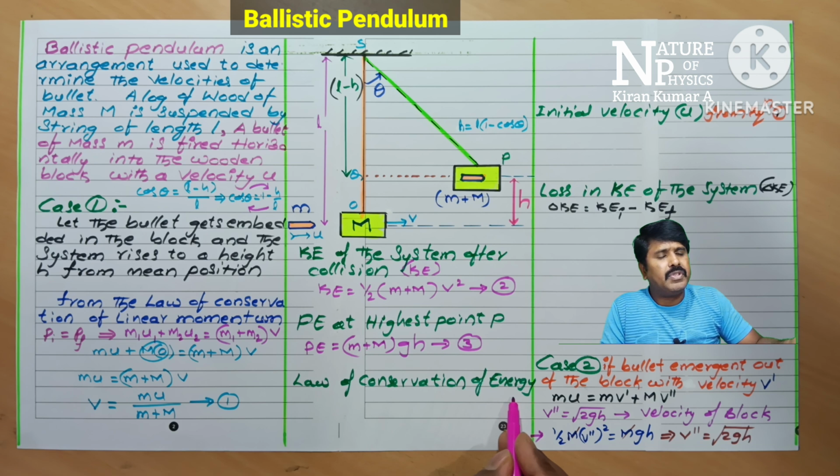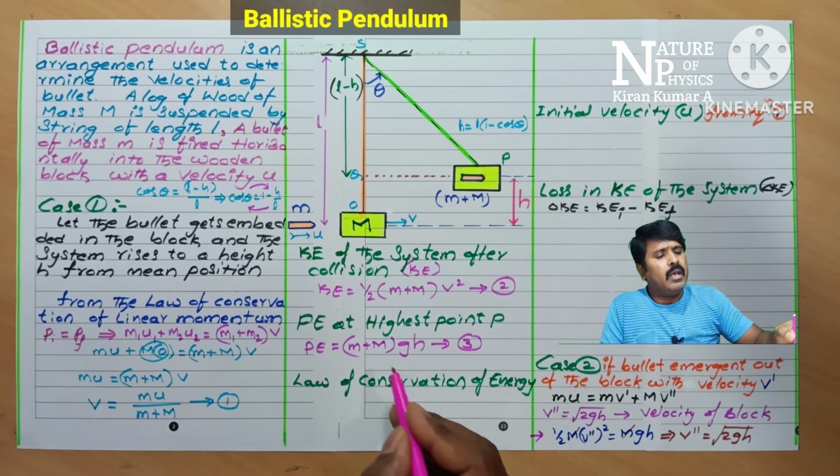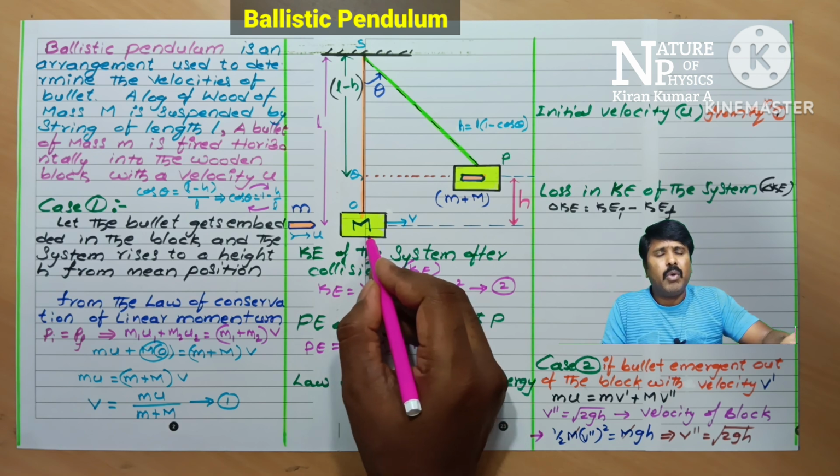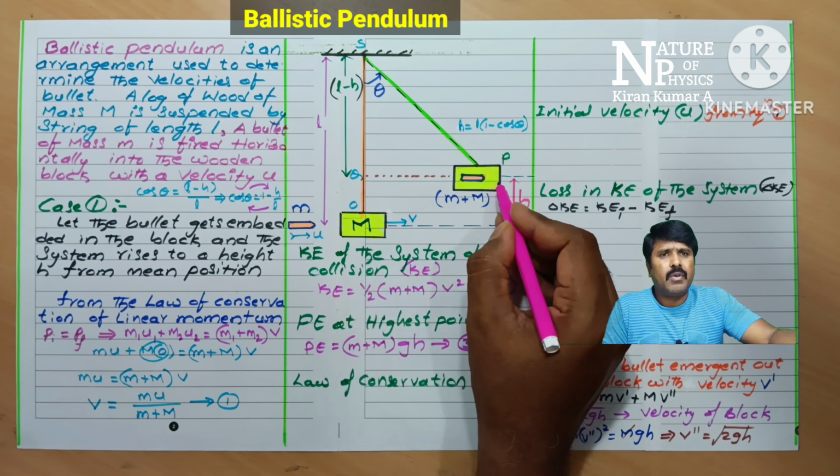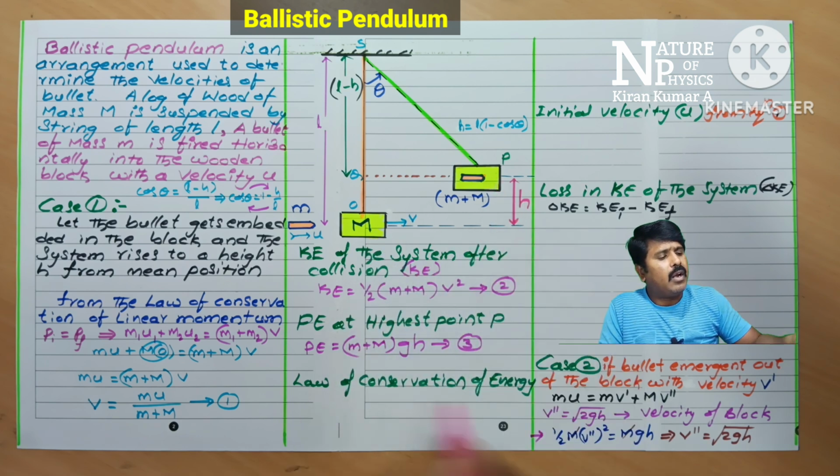And by the law of conservation of energy, initially the block and the bullet both have kinetic energy, and the kinetic energy converts into potential energy. According to the law of conservation of energy, kinetic energy is equal to potential energy.